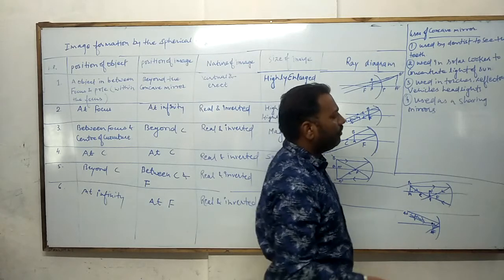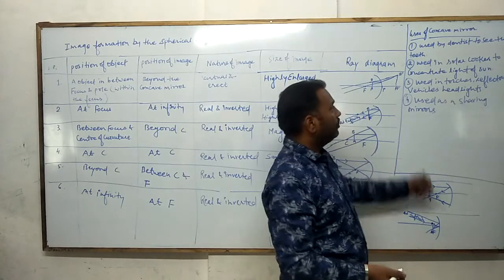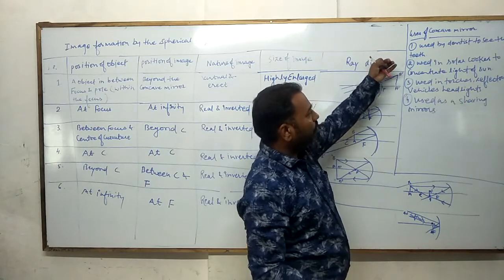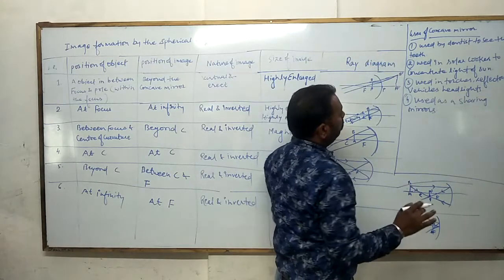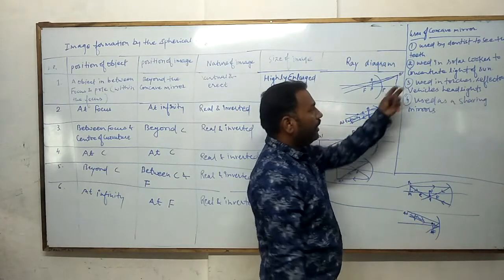So I think there are four or five uses. So they can be used as shaving mirrors, and in solar cookers to concentrate the light.